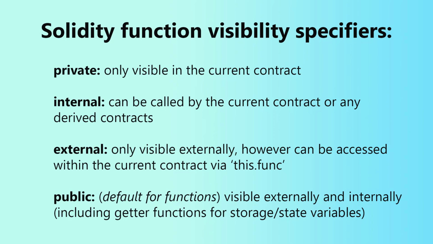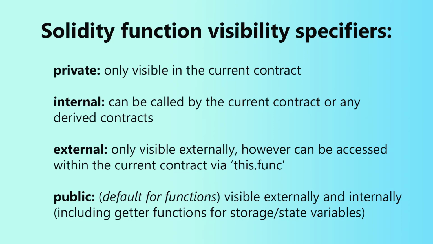All right, then we have external. Now, this is sort of the opposite of private, where this function is only accessible to an external contract or outside of the current contract. However, there is a little workaround for this. You can actually still access this within the current contract with the this keyword, this.function call. All right. Finally, we have sort of the least secure visibility specifier, which is public. This is the default for functions.